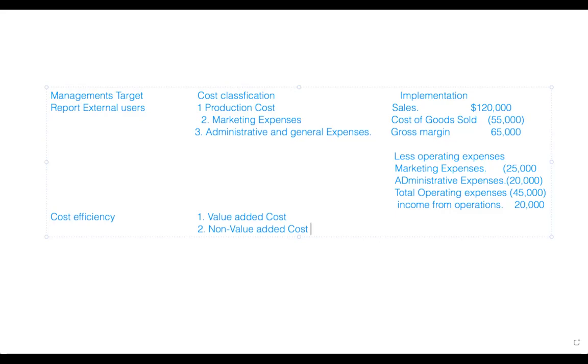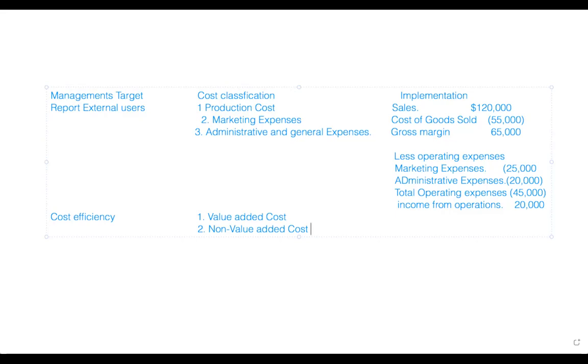So the remaining 30% is actually the opportunity for us to minimize the cost. So we can make a cost reduction program. Management can focus on the 30% as a non-value added cost. Why does it happen? What can we do to tackle the problem, right? So that was for the non-value added.